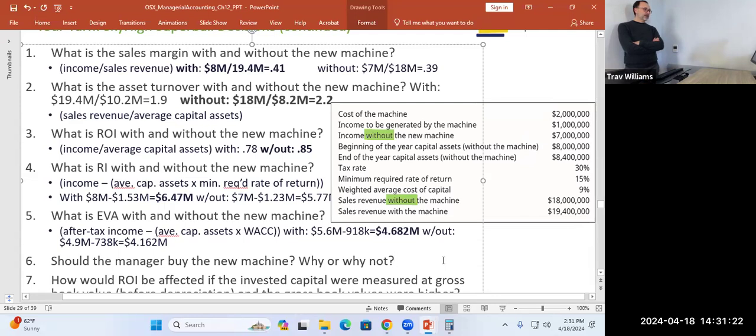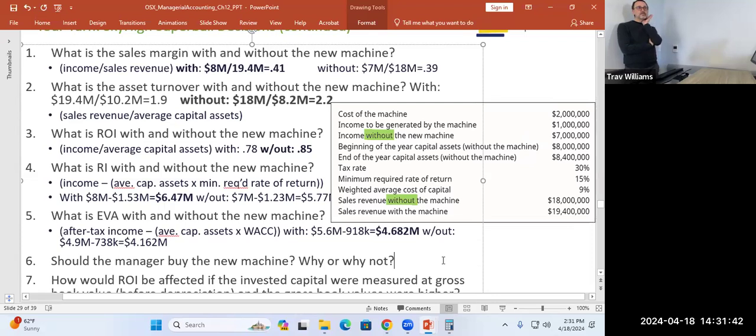How many people would say buy the new machine? Okay. Couple. How many say don't buy the new machine? Okay. So what would be the argument in favor of buying it? Less risk of it breaking down.